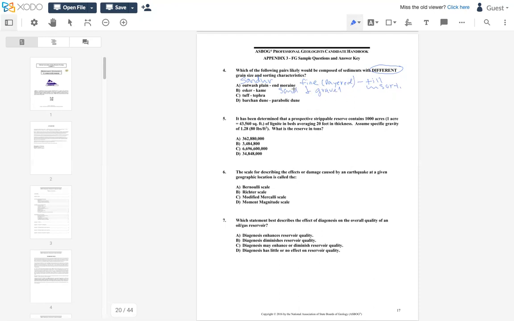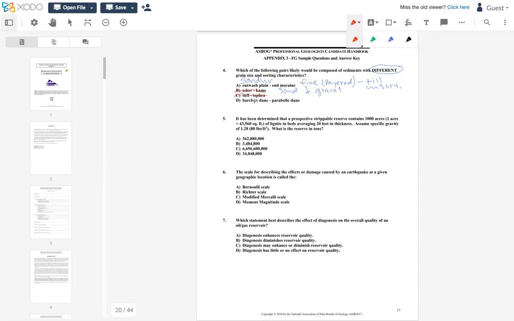So it looks like these are pretty similar. So we'll go ahead and not delete, but eliminate those from our options. Tuff and tephra, they're both volcanics and are made of ash-sized particles. So those are very similar.